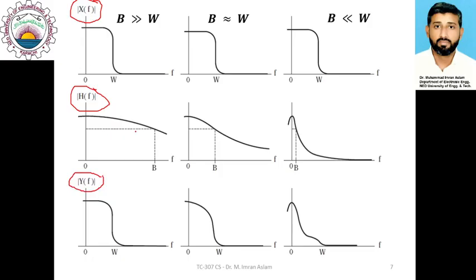So I am trying to illustrate how this system affects the overall response of the output, and for that illustration I have only shown the amplitude spectrum. You can see that there is no phase spectrum, rather I'm only focusing on the amplitude spectrum.